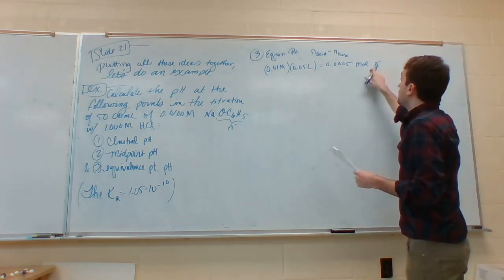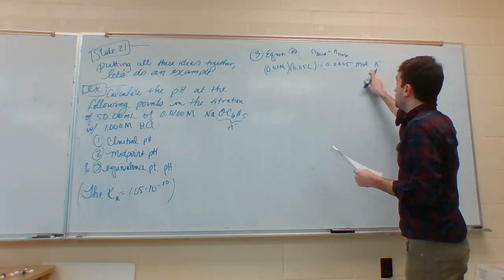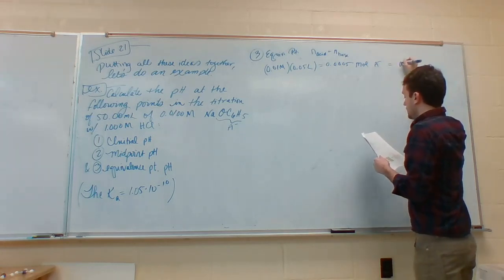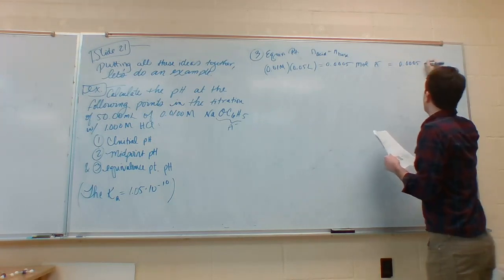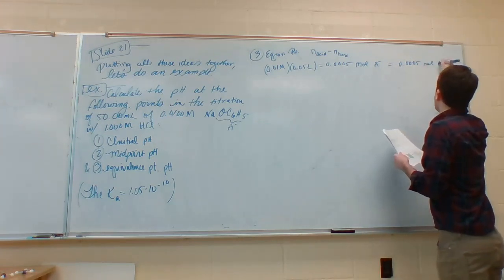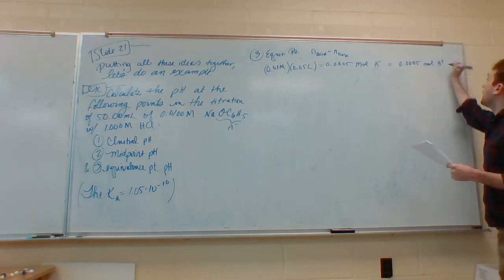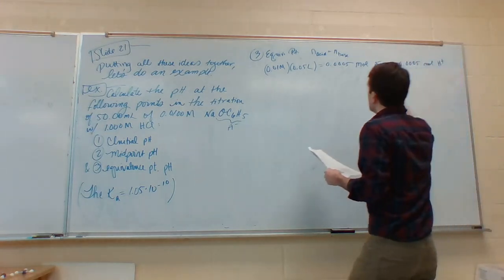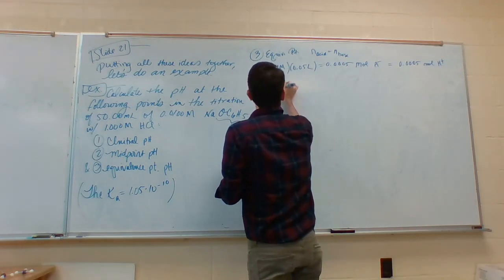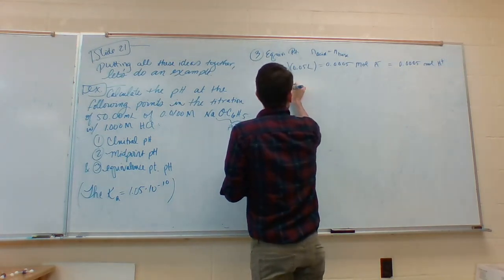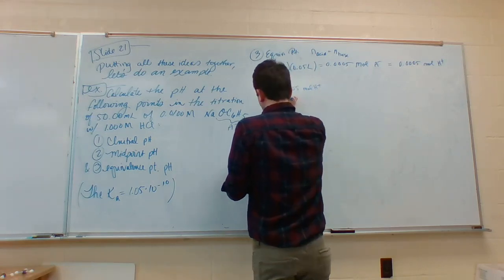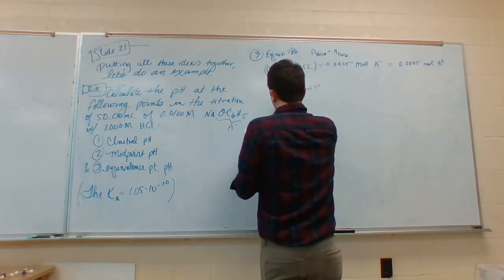Now, if that's our moles of our phenolate, then that would have to correspond to 0.0005 moles of our acid. Okay? So that means that we need 0.0005 moles of H plus.